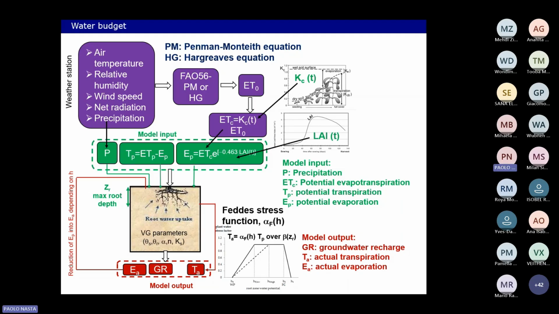Then we must split the crop-specific potential evapotranspiration into potential evaporation and potential transpiration. And we use the leaf area index, which is again time variant. So we have to know the leaf area index, especially for annual crops, because again, it changes every day or at least monthly.